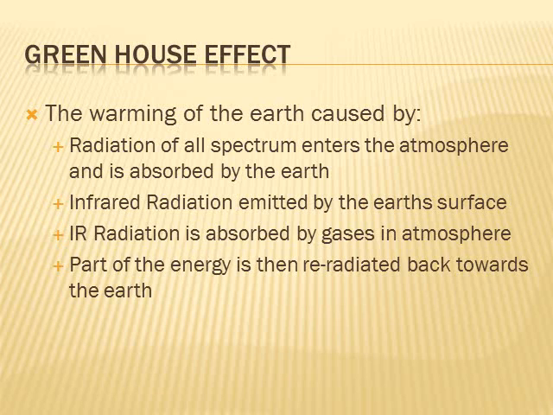Then infrared specifically will be absorbed by certain gases in the atmosphere, and then those gases will re-radiate that energy out, some of it back towards the Earth and some of it out. But as a result, it keeps that energy inside the Earth system and keeps it warmer. So this is an explanation of the greenhouse effect, which you should be able to explain on a test.